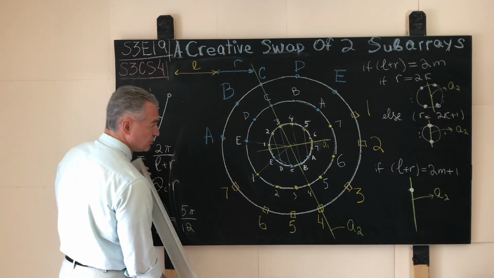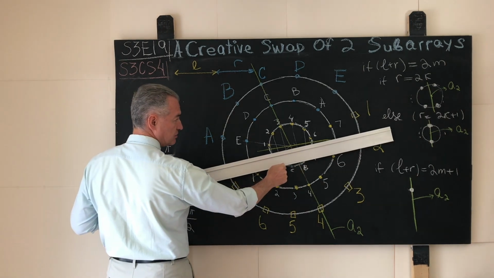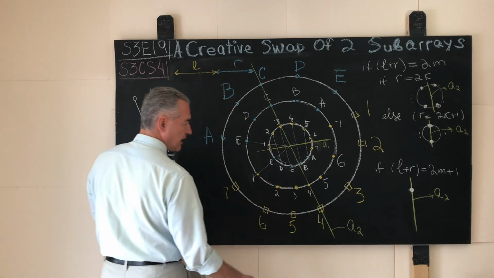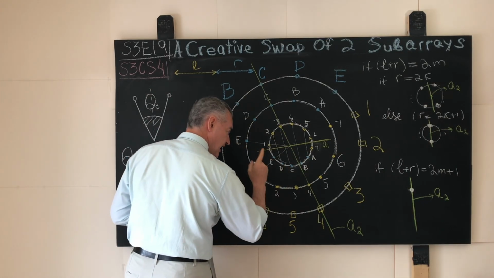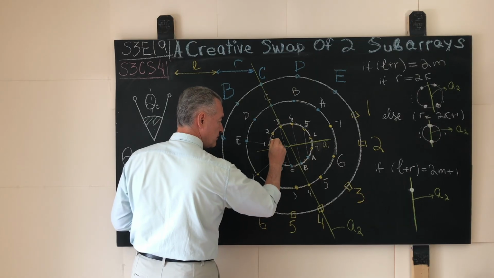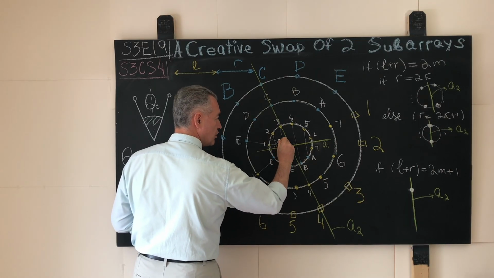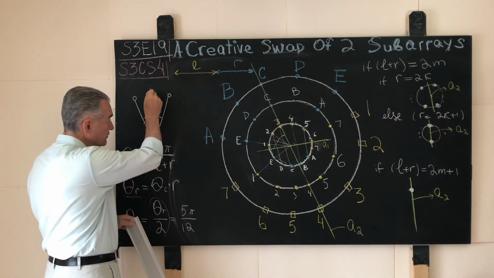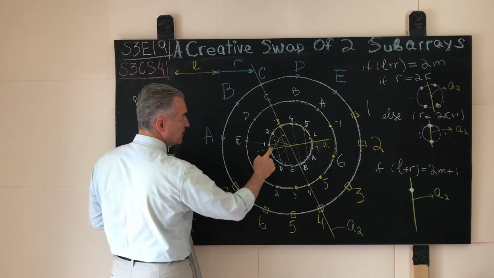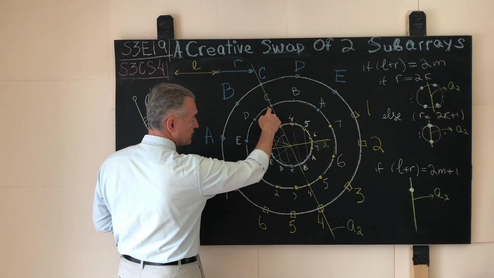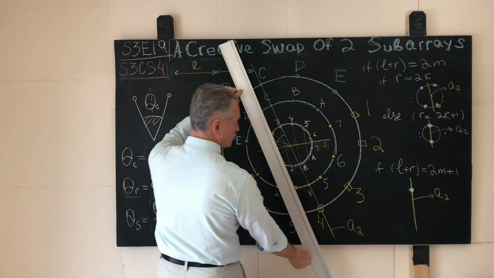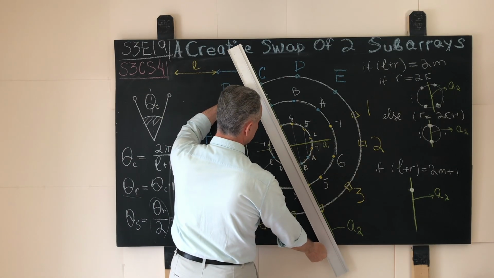So here we start with our initial axis of reflection, A1, and we count 5 half central angles: 1, 2, 3, 4, and 5 altogether. 5 half central angles.